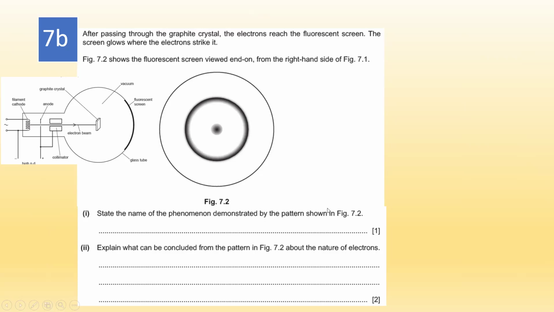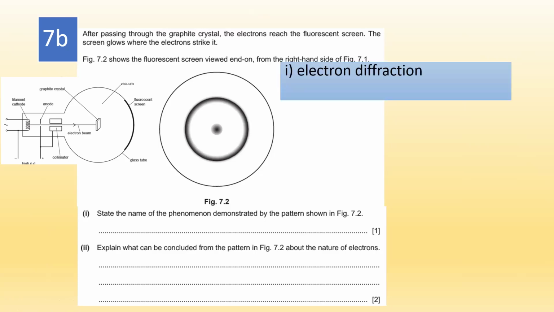It's electron diffraction, right? Electron diffraction. Explain what can be concluded from the pattern in figure 7.2 about the nature of electrons.